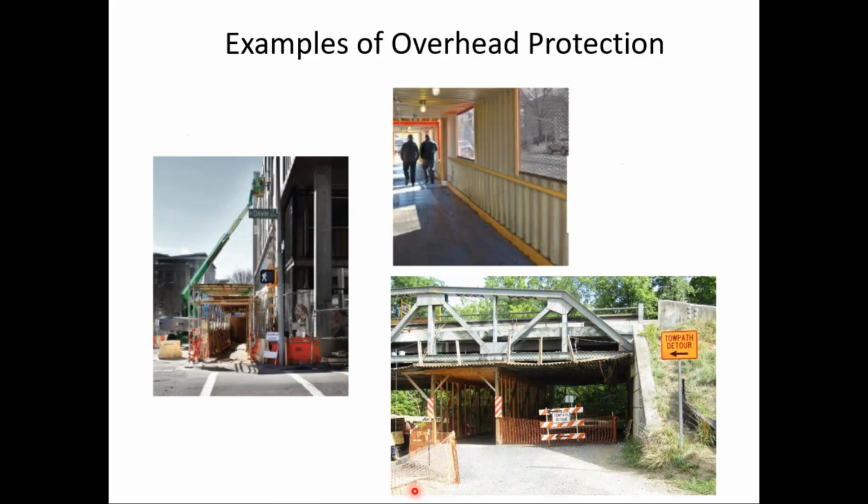And here are some examples of overhead protection. Notice here on the left, you can see work taking place overhead, and they have a canopy structure to protect pedestrians from falling objects. I kind of like this upper right here. This looks like one of those intermodal shipping containers like you see on trucks or on ships or on rail cars.